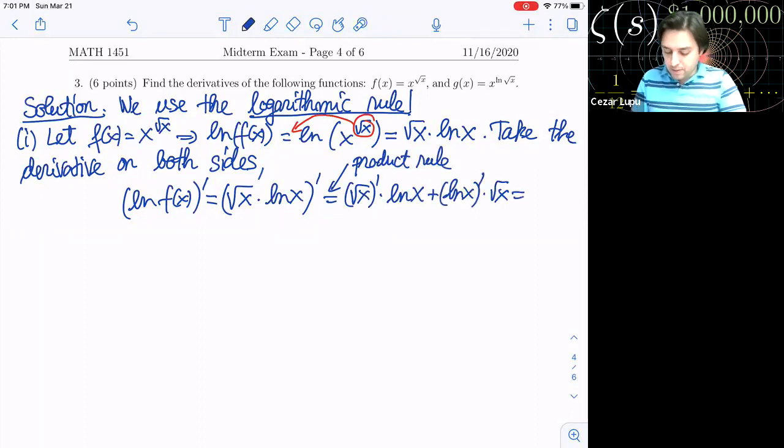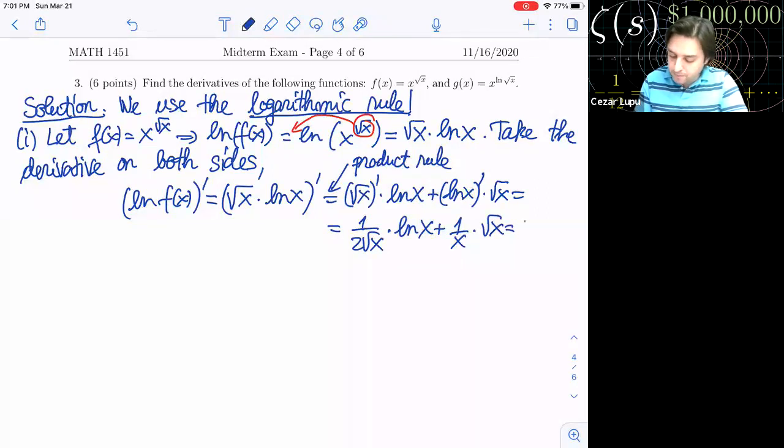The derivative of the square root of x is 1 over 2 square root of x, times ln of x, plus 1 over x times square root of x, or if you want, it's 1 over 2 square root of x times ln of x plus 1 over square root of x. So that's what we get here on the right-hand side.